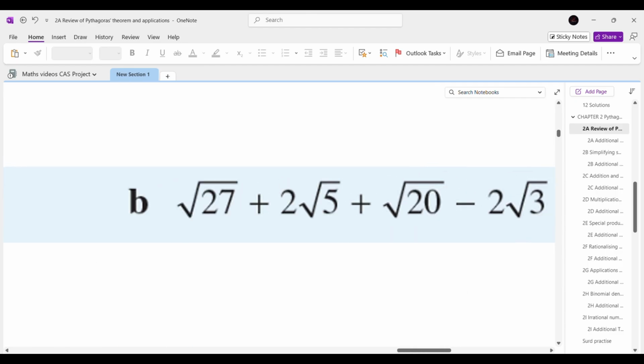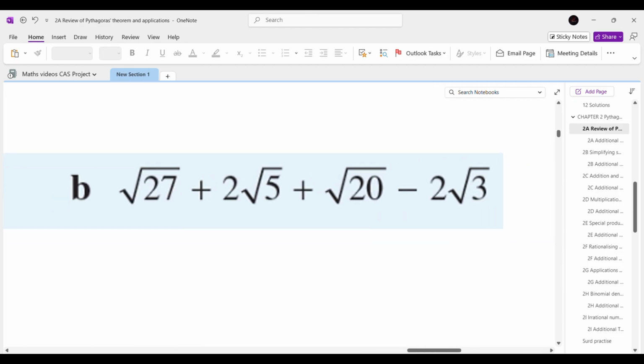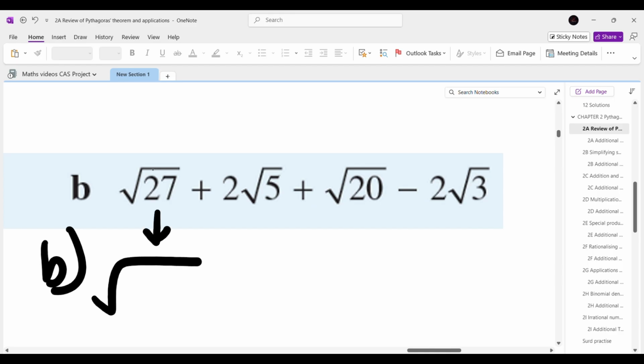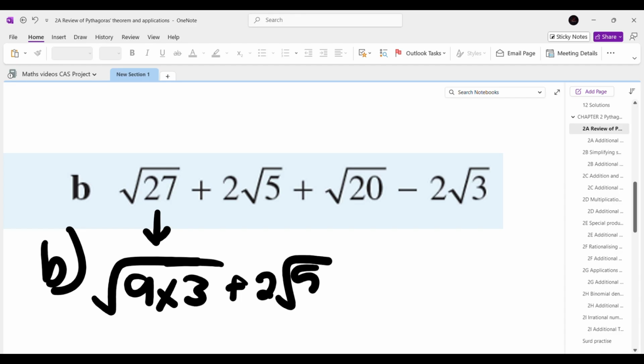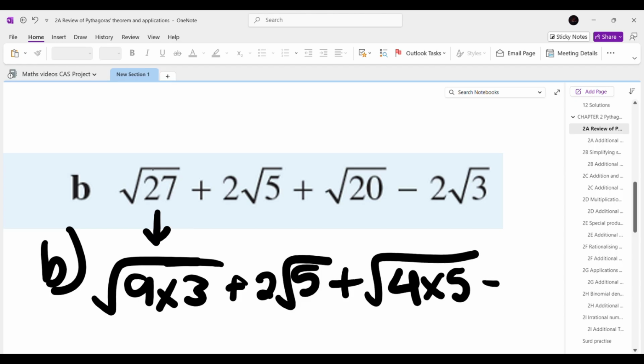Correct. Now, here is an interesting equation. We can do the same simplification. So it's simplification time. We go 9 times 3 plus 2 root 5, and we can take all the perfect squares out by factorizing them.